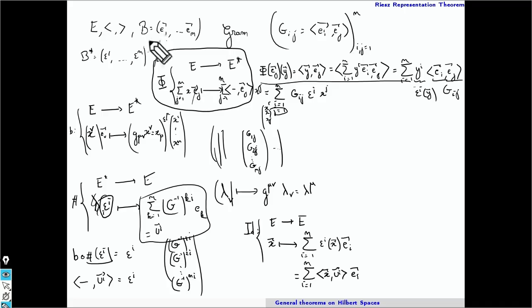When we have an inner product, we can define orthonormal basis, and in the case of orthonormal basis, the previous construction coincides.